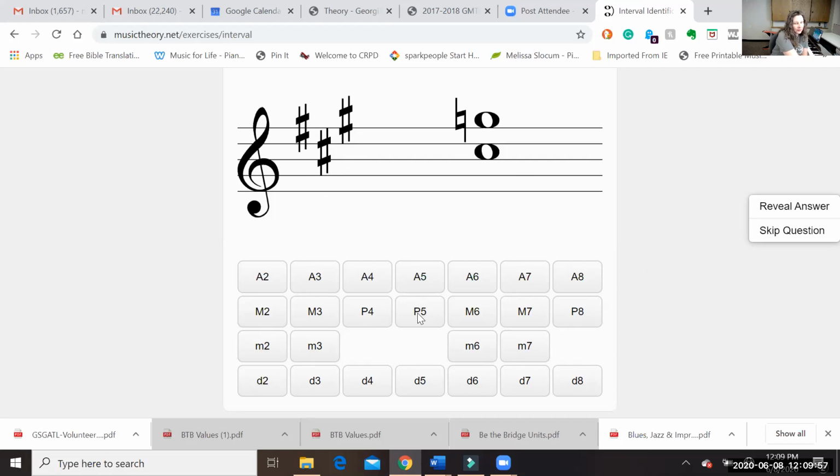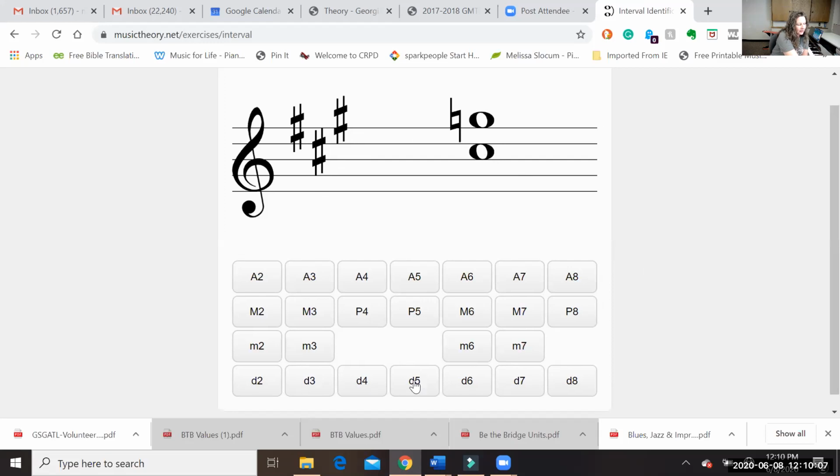So when you think about the key signature and add the key signature, then you have to think about what type of fifth it is if you know diminished and augmented. All right, so if you don't know those, you would have gotten that wrong.